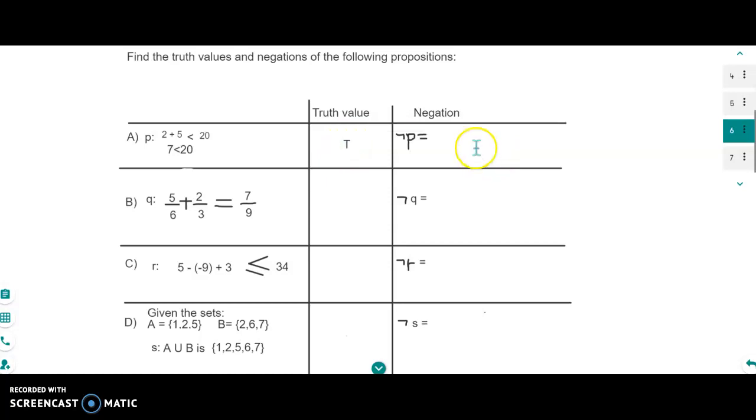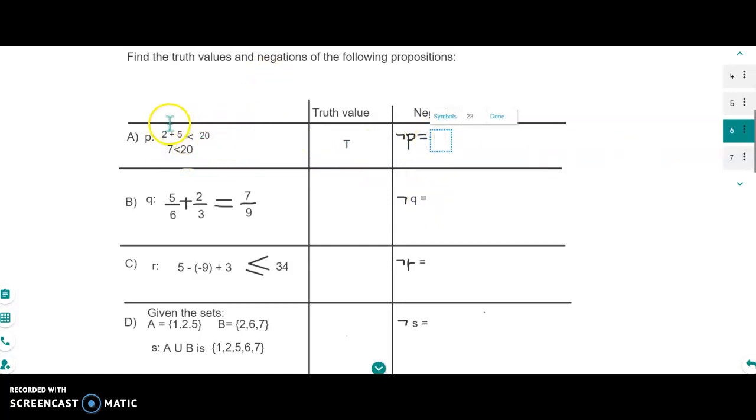All right. Now the negation of this proposition, we have to find the opposite of this statement. The opposite of less than, this sign here, will be greater than. So how can we write it?